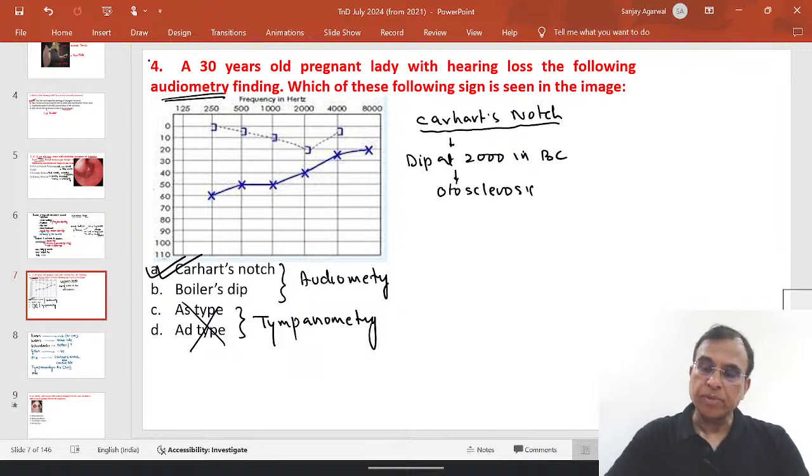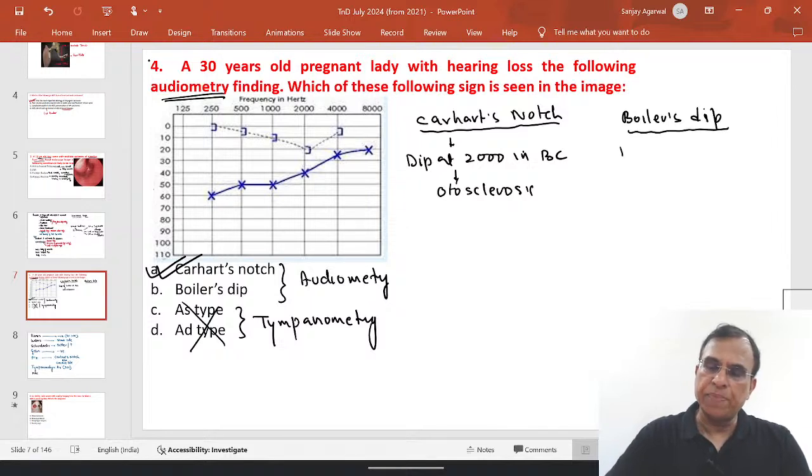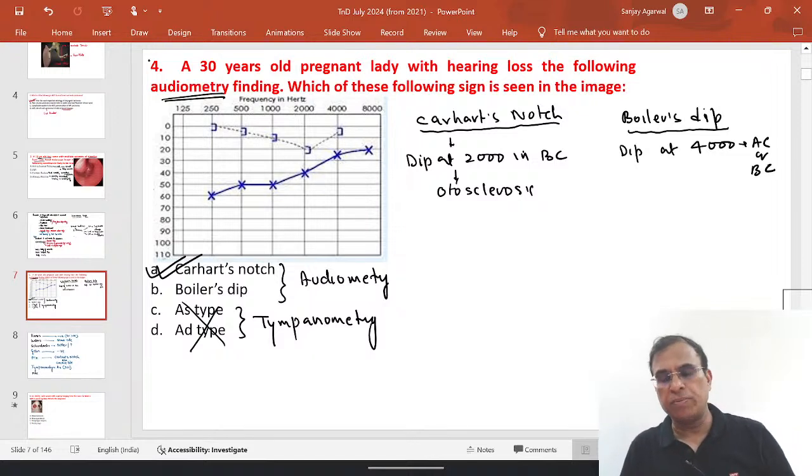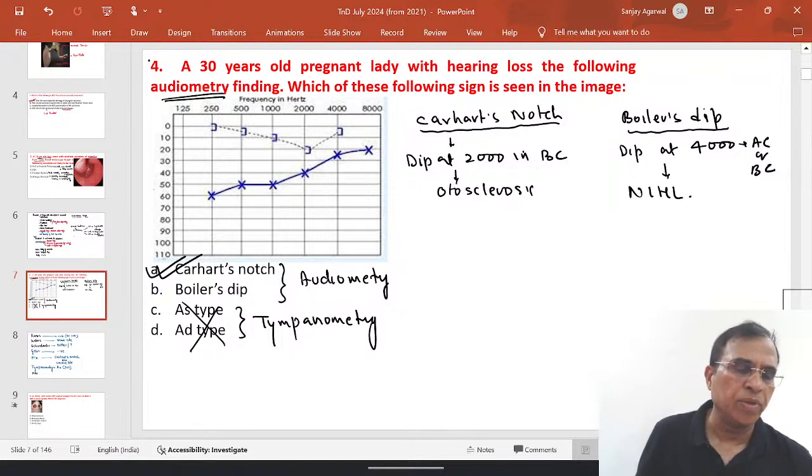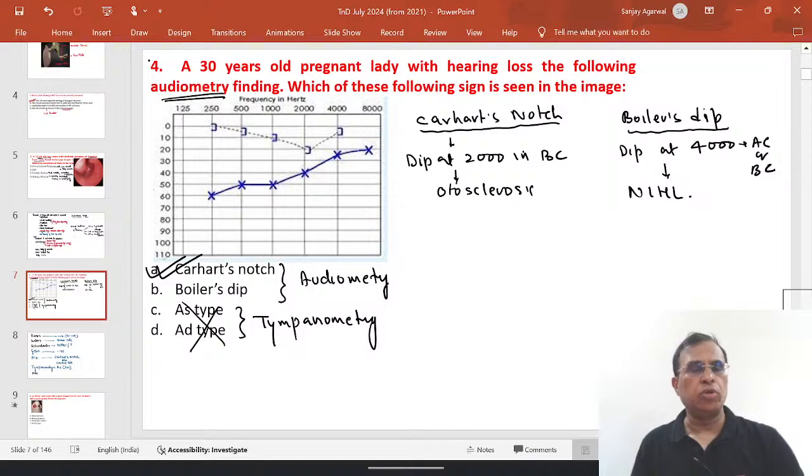Whereas Boiler's dip is a dip at 4000. This can be AC or BC, unlike Carhart's notch which has to be BC only. This is seen in NIHL, noise induced hearing loss, when the patient is exposed to loud noise.